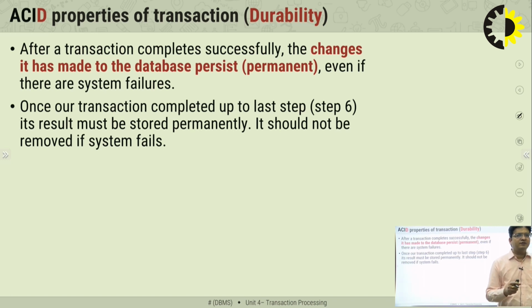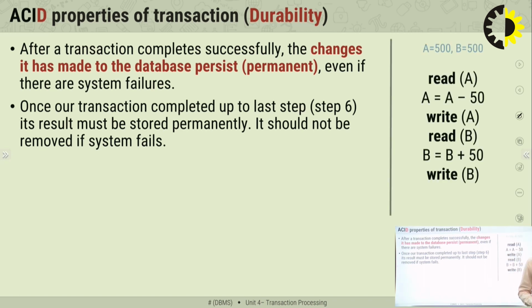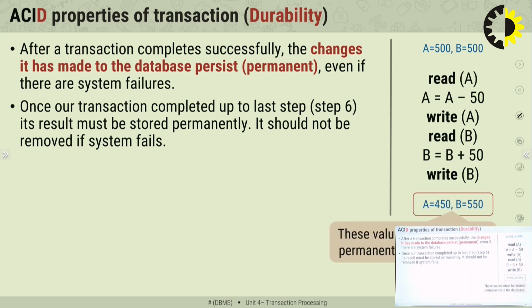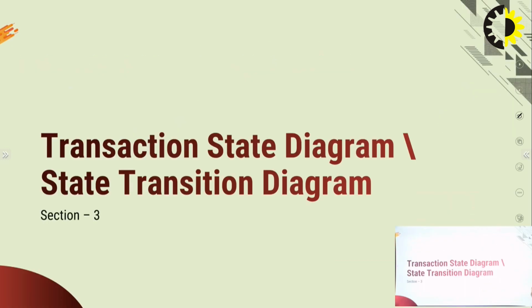So, the result must be completely stored in the disk. Only then the inconsistency problem can be solved. It should not be removed even if the system fails. So, these are the final values of A 450 and B 550. When these values are reflected in the disk, then we say that the property of durability has been maintained.